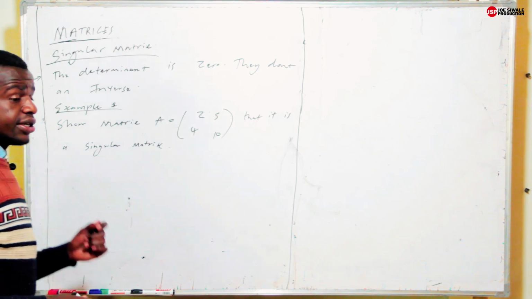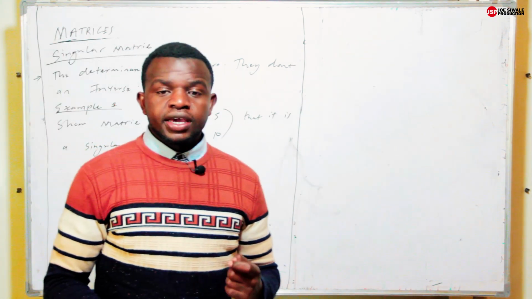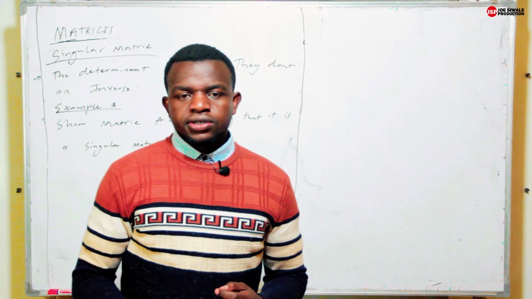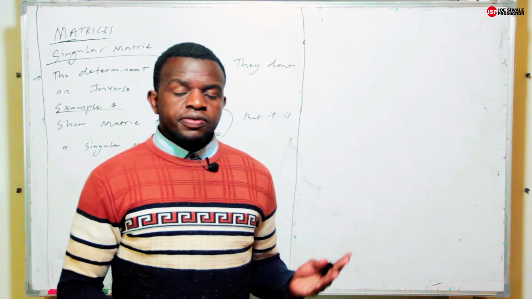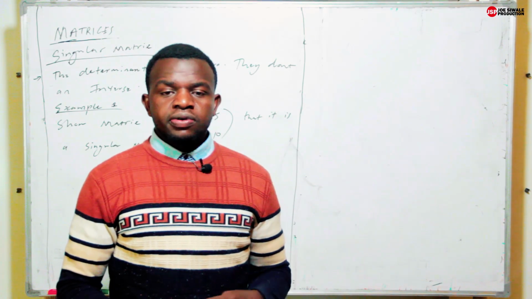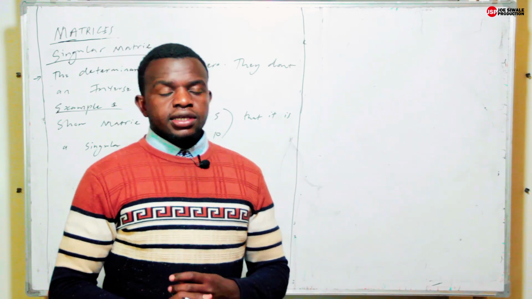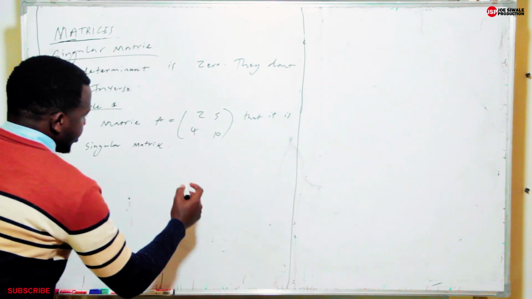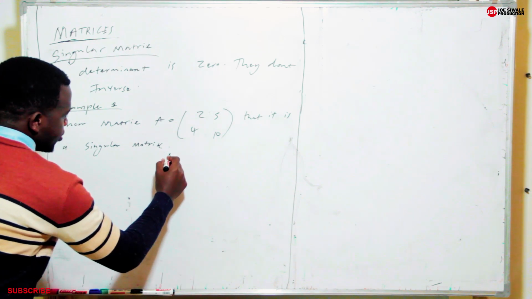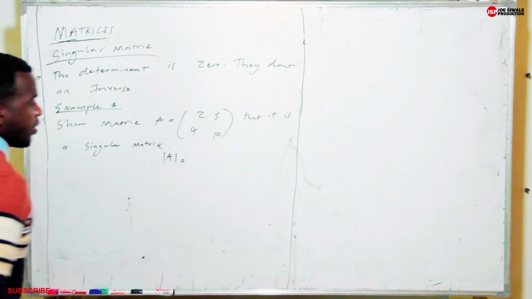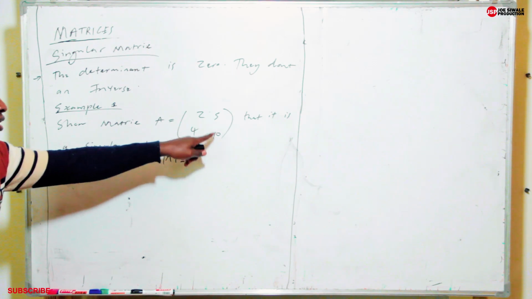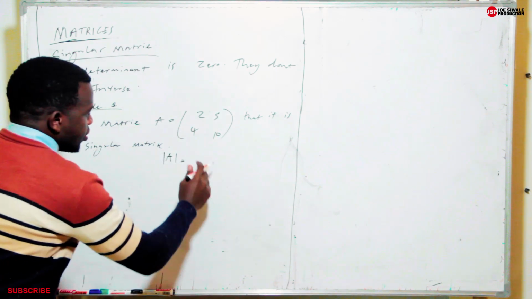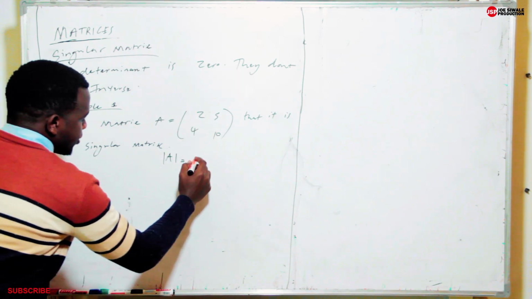And we have said that a singular matrix is the type of matrix where the determinant is equal to 0. So if we can find the determinant of this matrix A as 0, then we're going to prove that it is a singular matrix. Then we said that for us to find determinant, we're going to use this symbol. And we say we're going to multiply the elements in the leading diagonal there. So we're going to say 2 multiplied by 10.